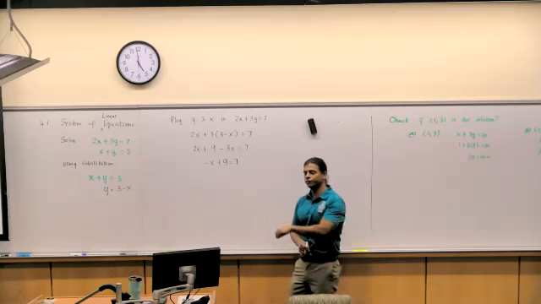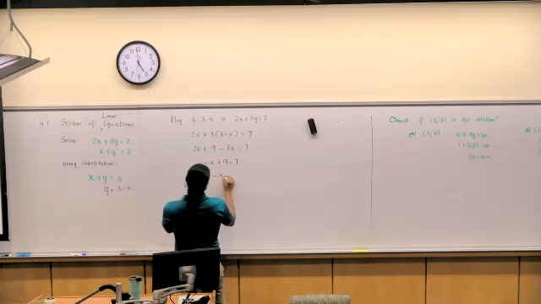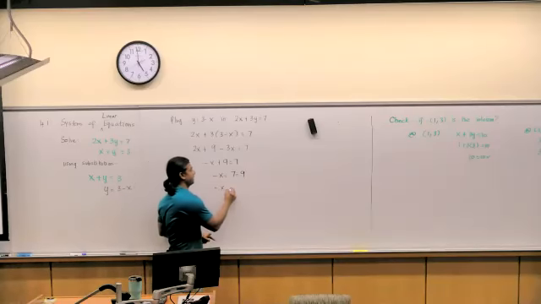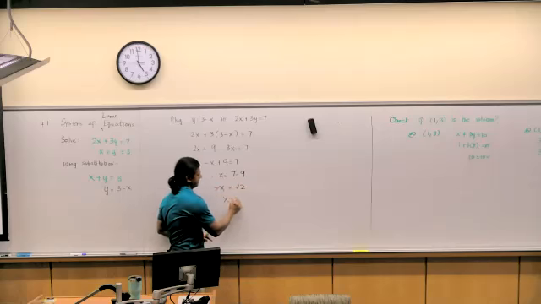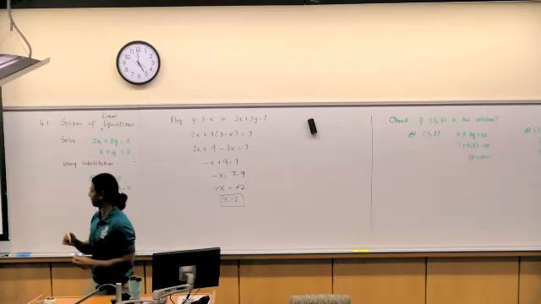We want to solve for x, so I'm going to move that 9 to the other side. Seven minus 9 is negative 2. The negatives will get cancelled. So the solution to x is 2.